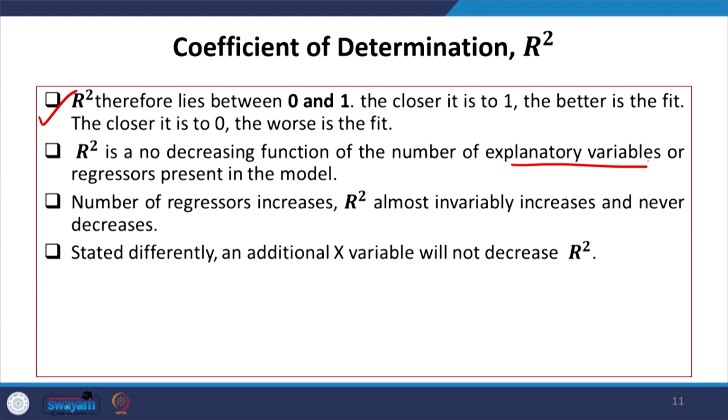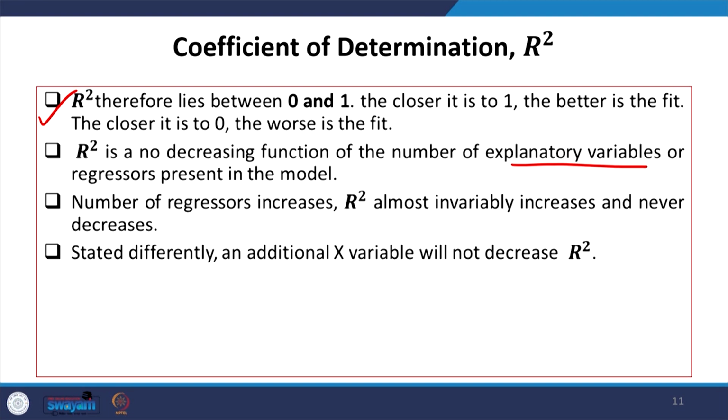So, there might be a positive relationship between a rise in the explanatory variables and the fit of the model.